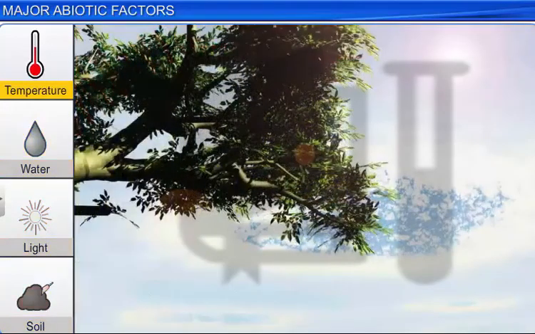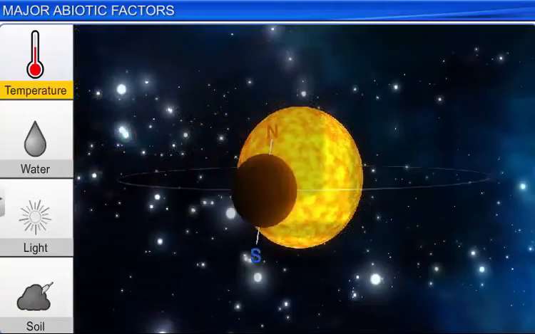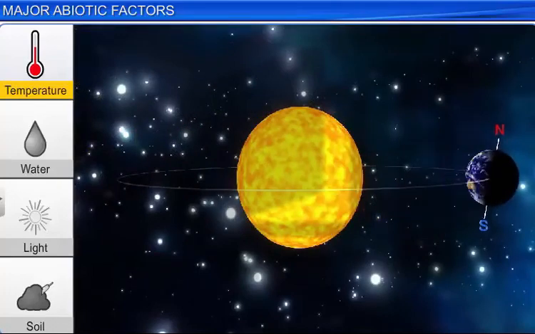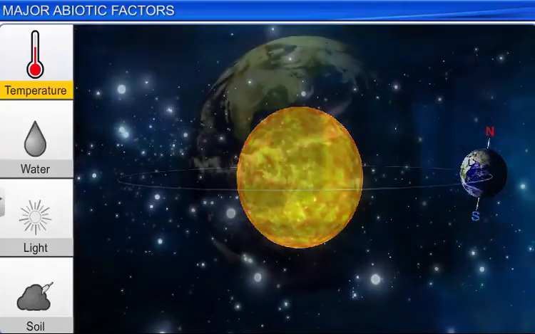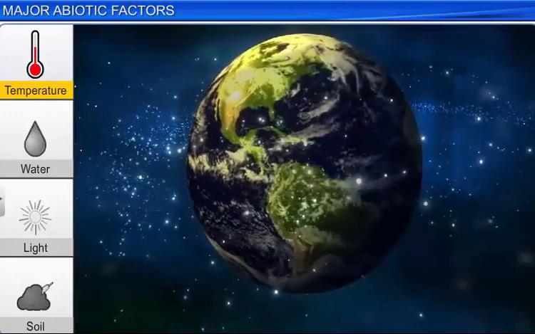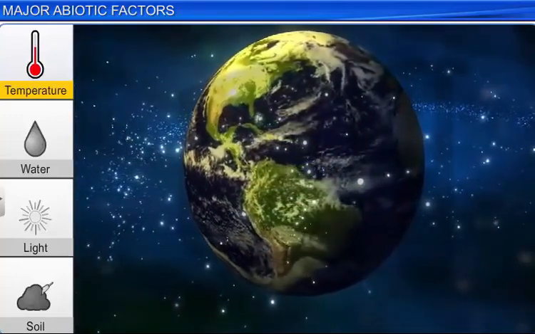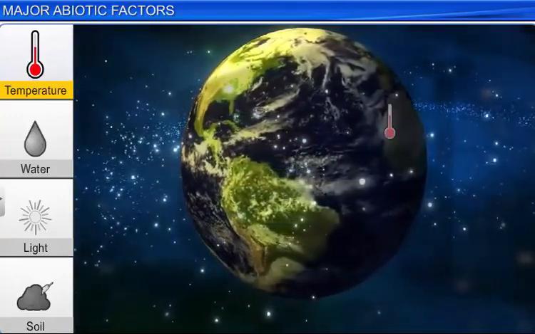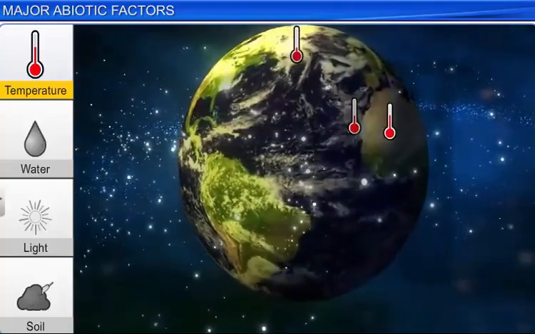Temperature is one of the most important abiotic factors that influence the life of organisms. On Earth, the average temperature on land varies seasonally. Moreover, as you move away from the equator towards the poles, you will notice a progressive decrease in temperature.